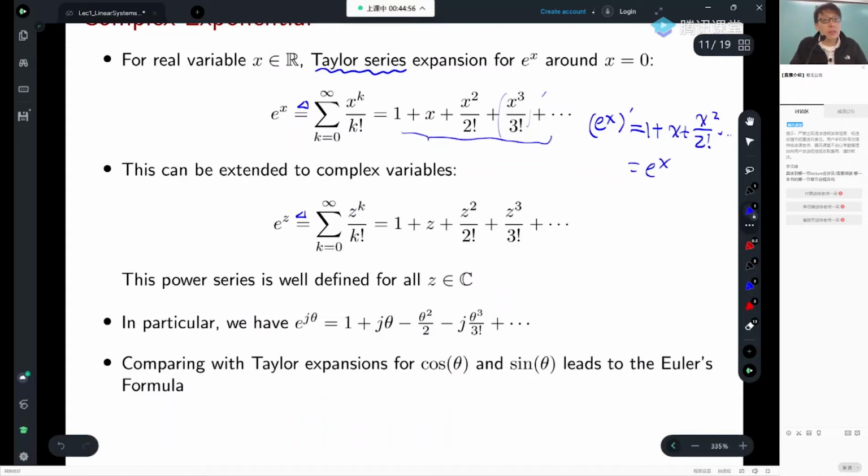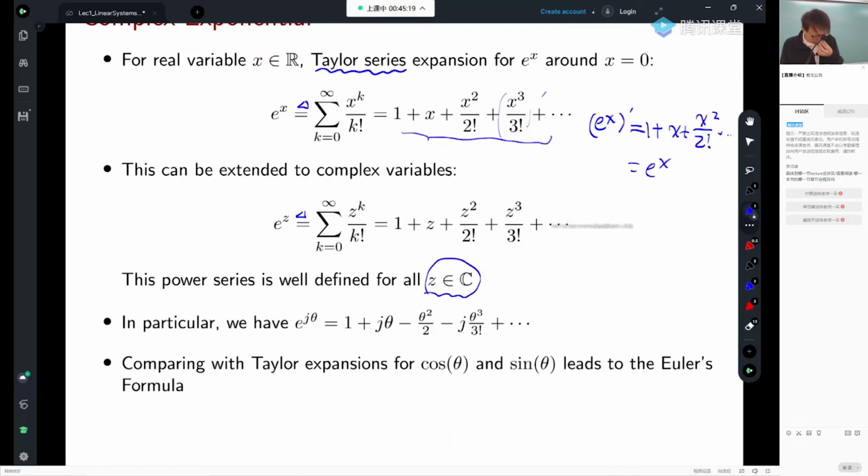Define means there's no why, I just want to define it. It will be useful, but I just want to define this. I replace this x with a complex number, then I have the exact same formula. This power series is also well defined for all z on the complex plane.